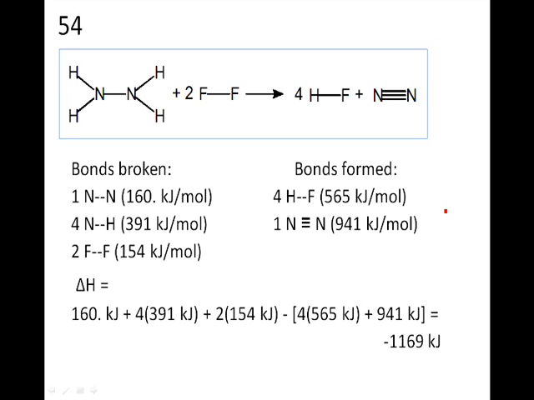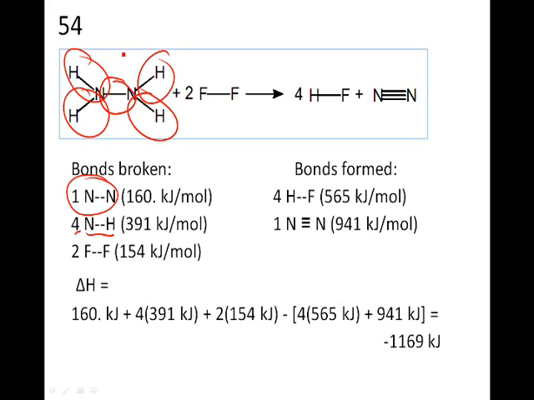In this particular reaction, we have a nitrogen-nitrogen single bond right here that's broken. We have 4 nitrogen-hydrogen bonds, 1, 2, 3, 4, that are broken. And we have 2 fluorine-fluorine bonds that are broken. The bonds that are formed are these 4 hydrogen-fluorine bonds.